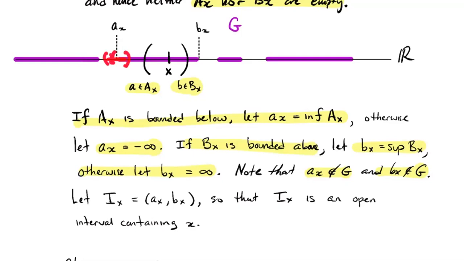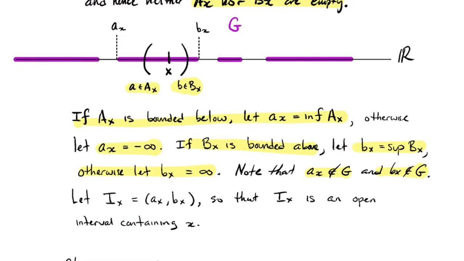So the half open interval from that element to X would belong to G. So the endpoint of that open interval, maybe I could call it A prime temporarily here, would be an element of capital A sub X that's less than the infimum of capital A sub X. And there is no such element.